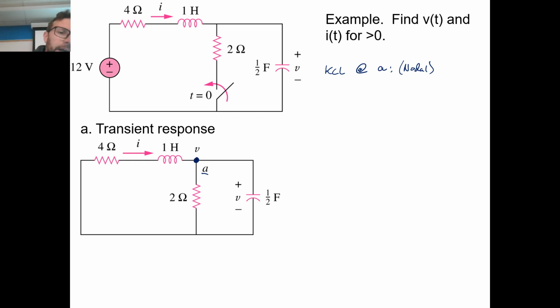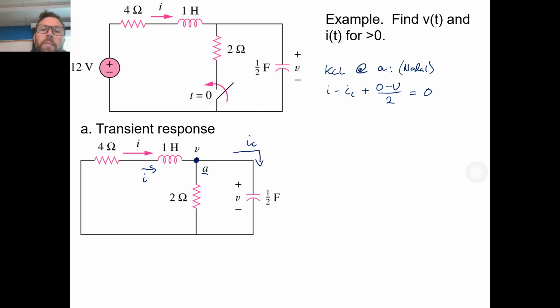We have I coming into node A, so we get an I. We have an IC flowing out of node A, so we get a minus IC. And then we get a plus 0 minus V over 2, all equal to 0.